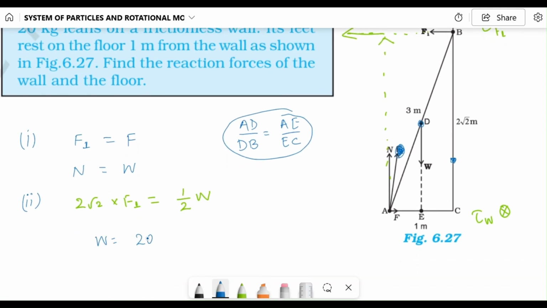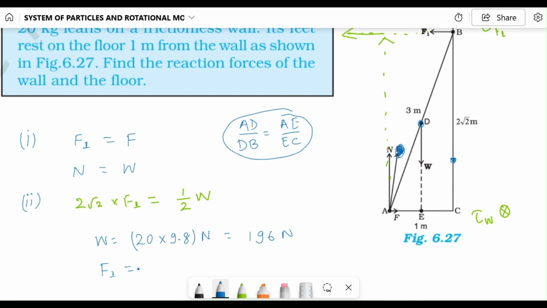So this weight will be 20 times 9.8 meter per square second. Ultimately it comes in Newton, so we can write 196 Newton. If we are getting weight 196 Newton, half of this weight will be equal to this much.